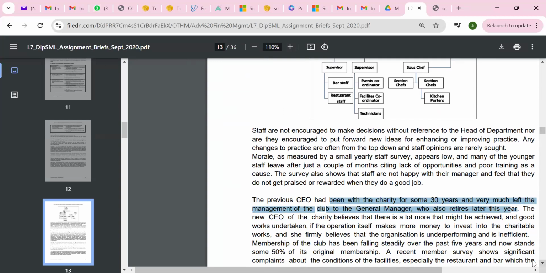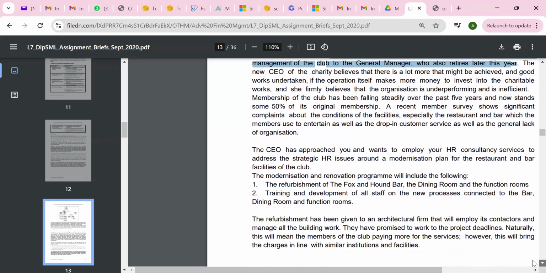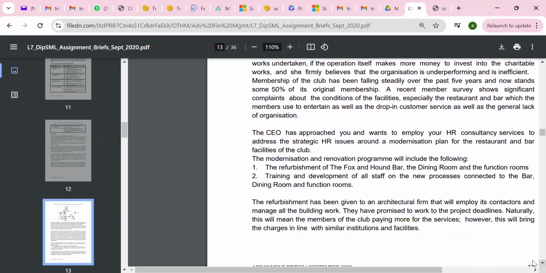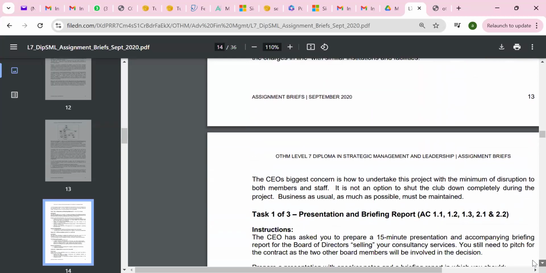So the new organization cultures, such as task culture, we studied, and we discussed the Hofstede cultural dimensions in our lesson. That can be the CEO's approach, who wants to employ HR consultancy services. The modernization and renovation of the program include the following: refurbishment. These are the functional areas, and you have been given the scenario.